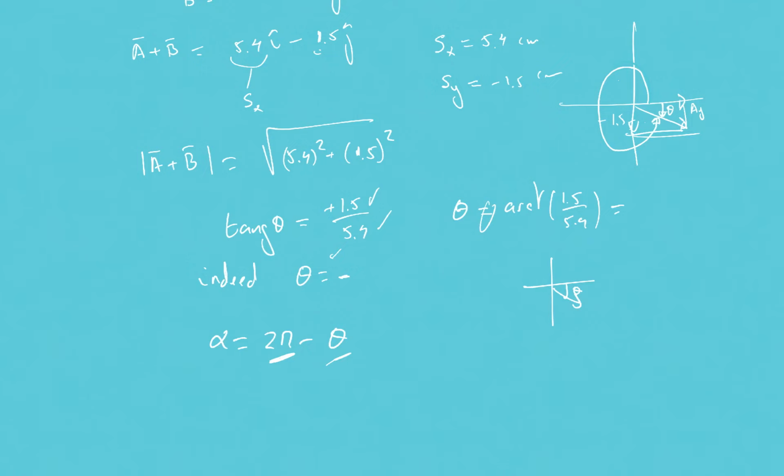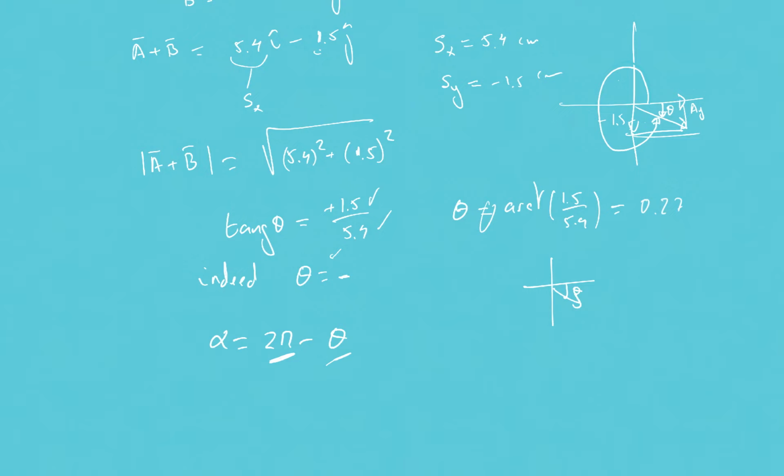Let me erase the calculator. It will be 1.5 divided by 5.4. This is 0.27. I need to be sure that my calculator is in radians mode. So I will use the second function, tangent minus 1, which is arctangent.